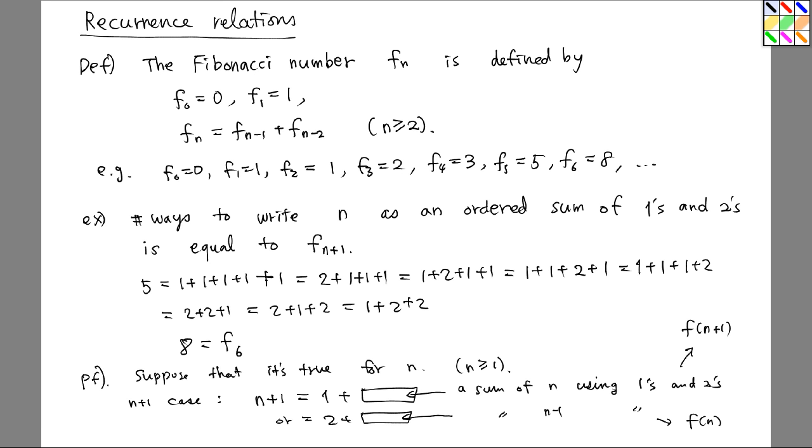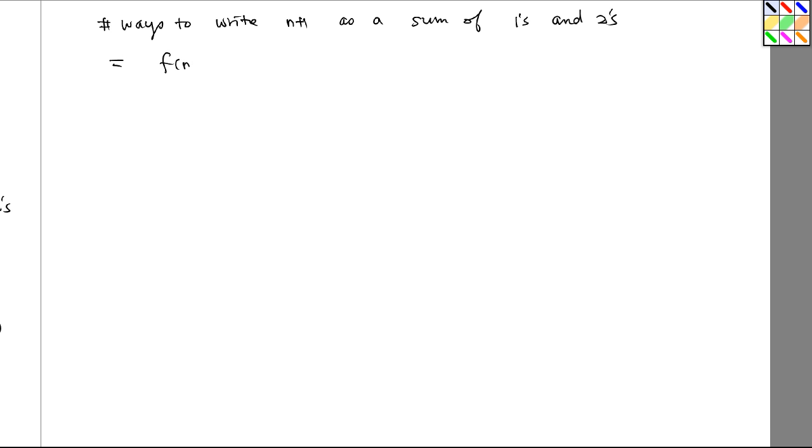The number of ways to write n plus 1 as a sum of 1s and 2s is equal to f n plus 1 plus f of n, and because it is a Fibonacci number, this is equal to f n plus 2.